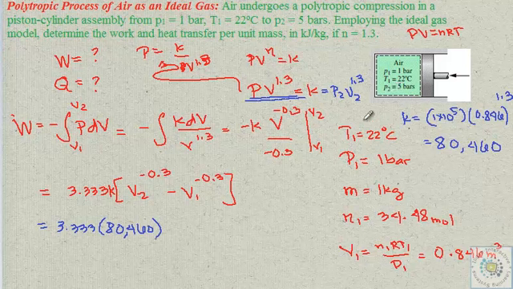So V2 will be equal to K, which we already know, over P2, then raised to the 1 over 1.3 to cancel the 1.3 exponent. I hope you got that.